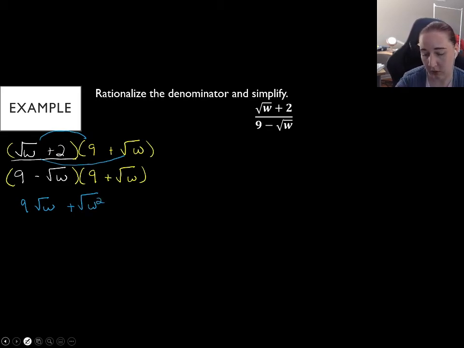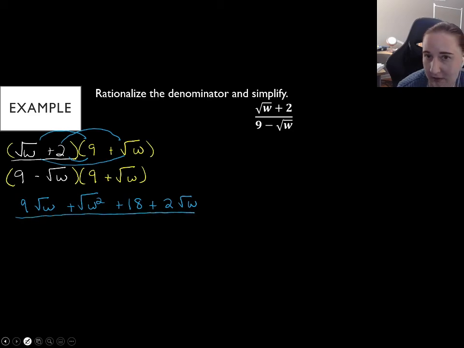Inside is 2 times 9, so that's 18. And then the last term's 2 times the square root of w. Because it's not one of the special forms, I'm writing everything out, since I can't really do it mentally easily.